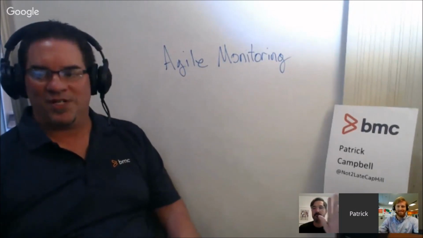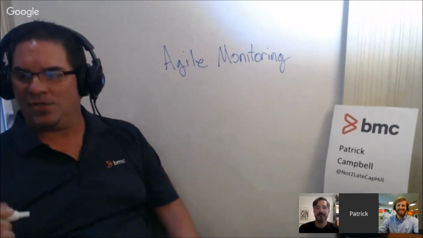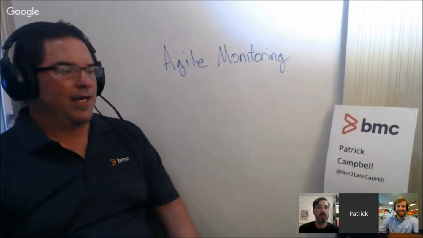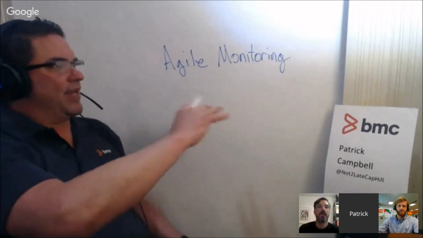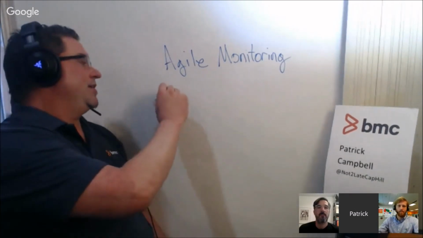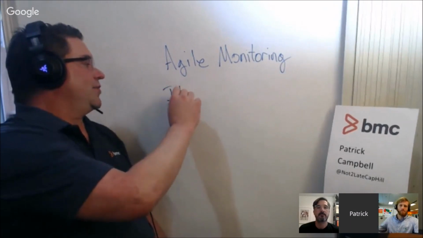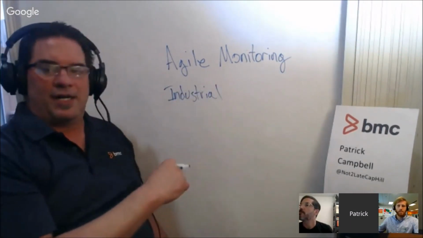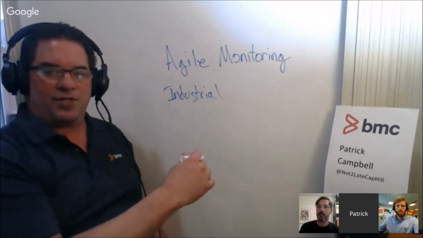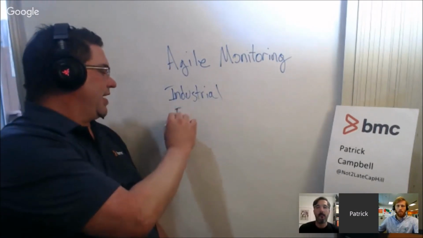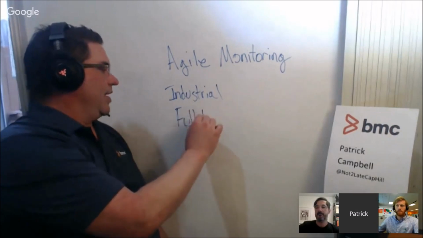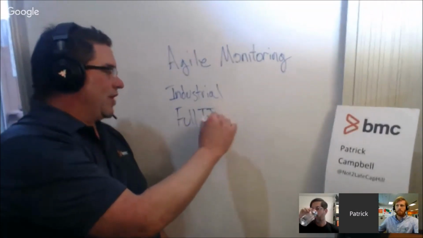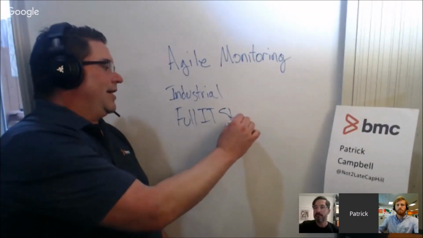And what we're going to say is with TrueSight Pulse monitoring, you can have in place a pretty industrial IT solution where you're monitoring applications, provisioning resources to monitor the full IT stack of all your infrastructure and applications.